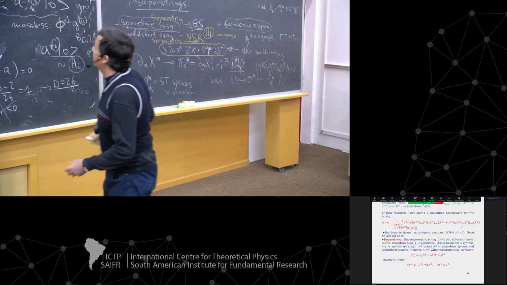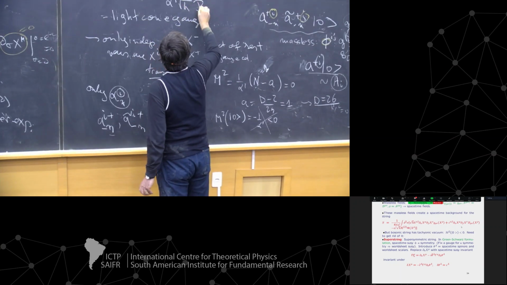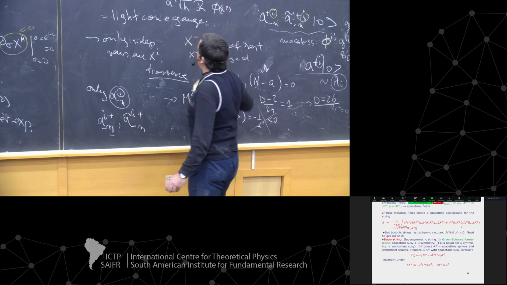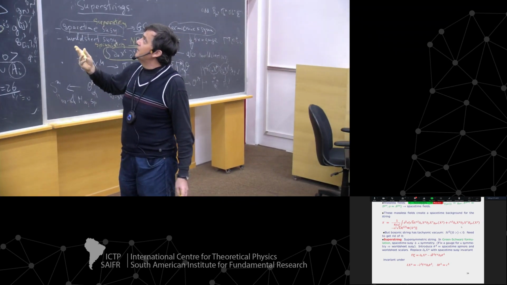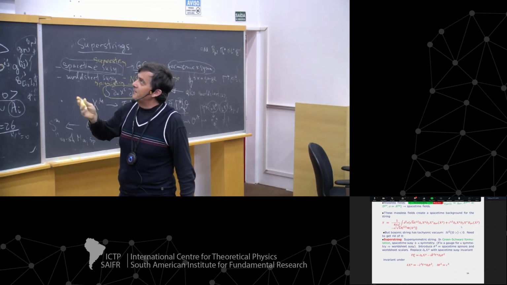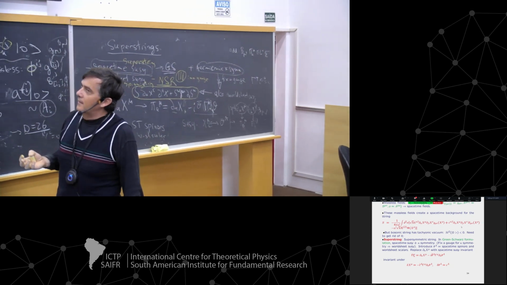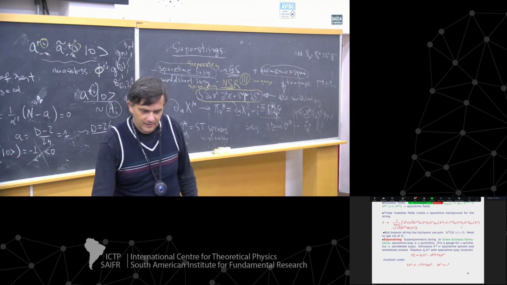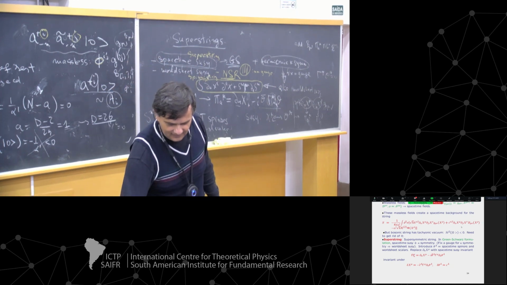I avoided it simply because it's too much to say. So I wrote for the action a coupling to the metric, the first term, in page 34, then a coupling to B mu nu, the second term, and a coupling to the dilaton, phi. And R2 is the two-dimensional Ricci scalar, so on the world sheet. And it should be there also in the supersymmetric case in principle, but I did not consider it.